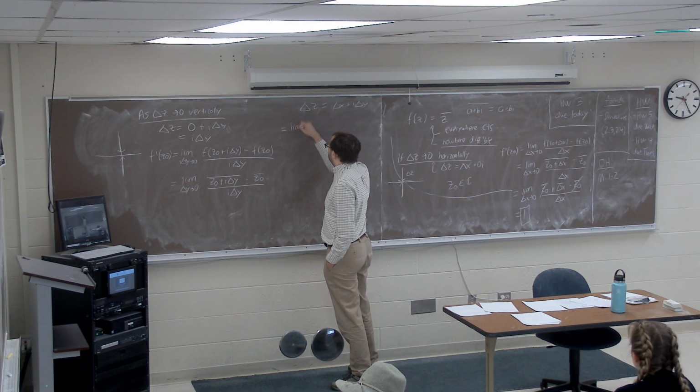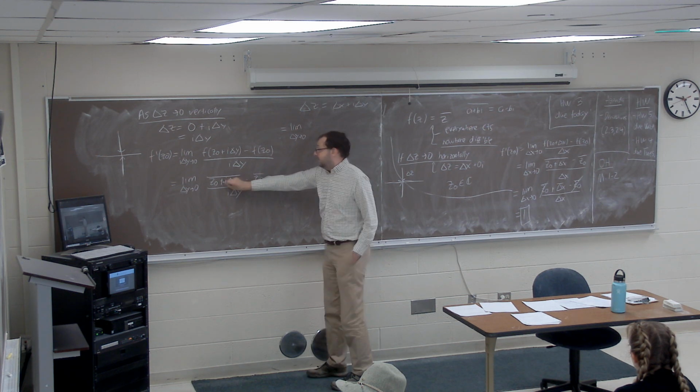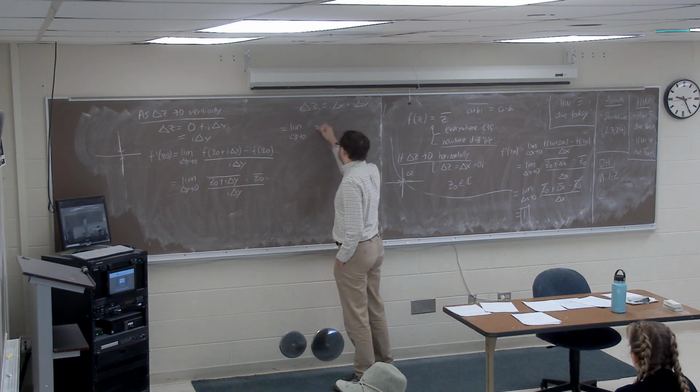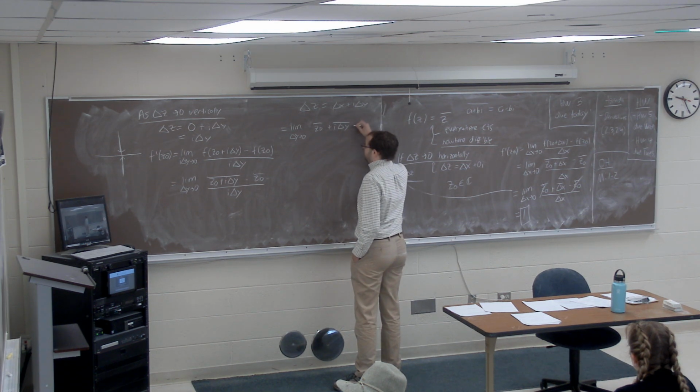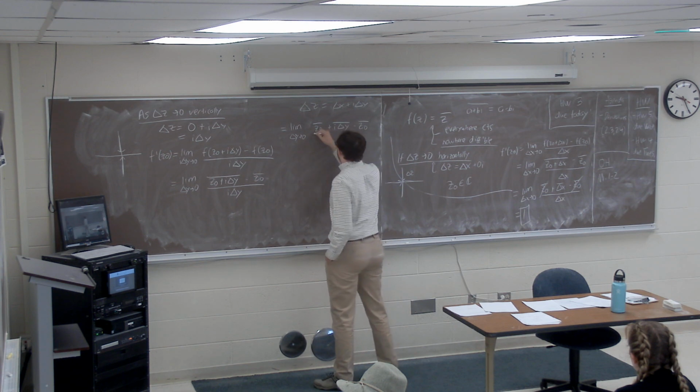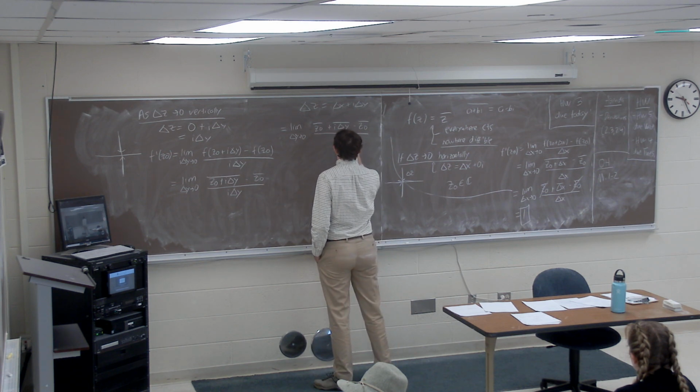Alrighty. So I'm going to break this up again into two separate pieces. Z naught bar plus i delta y bar minus z naught bar all over i delta y.